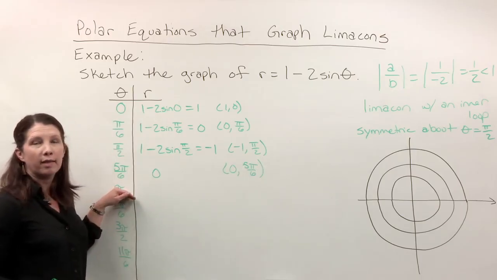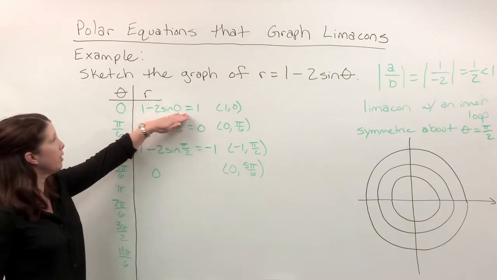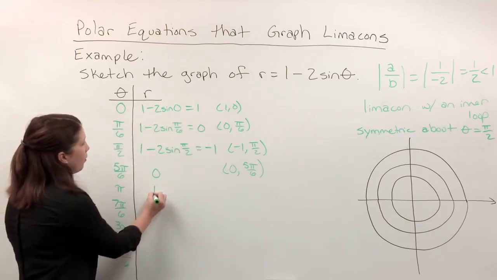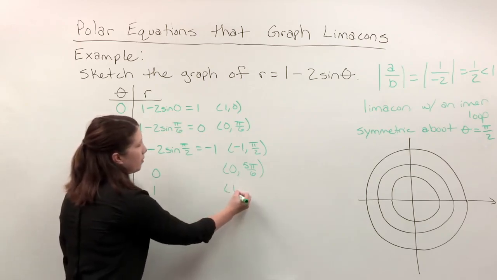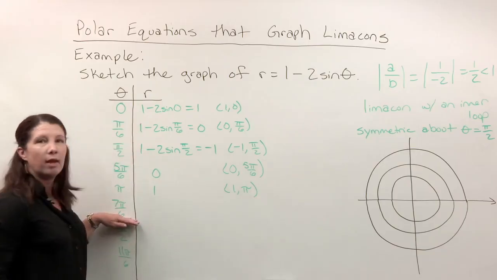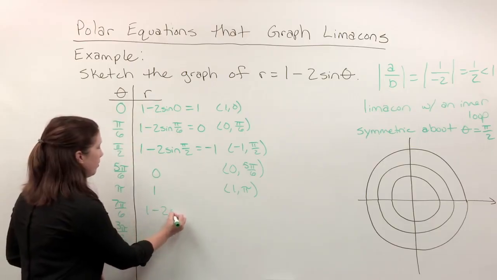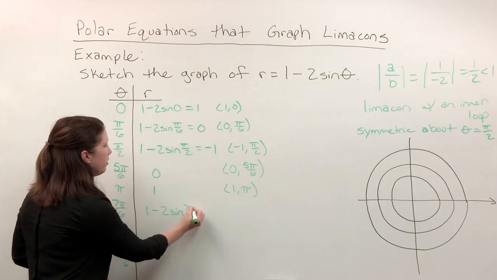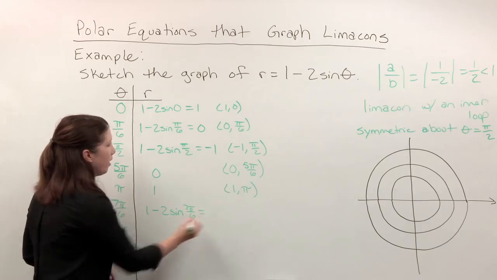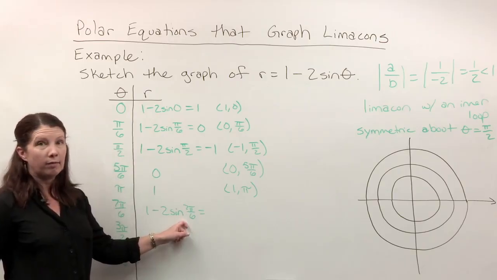Pi lies on the x-axis, so sine is 0, just like it was when I substituted in 0, which means I will get an r value of 1. Now let's substitute in 7 pi over 6. 7 pi over 6 is in quadrant 3, where sine is negative. So the sine of 7 pi over 6 is -1/2.